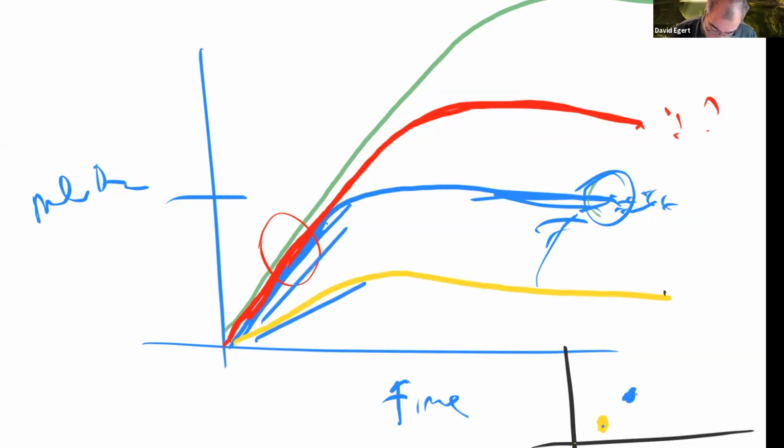Blue is steeper than yellow, but then blue, red, and green are all the same. So in this case, we can see this idea that it's going up and then it flattens out.